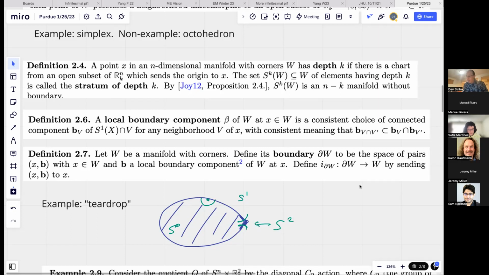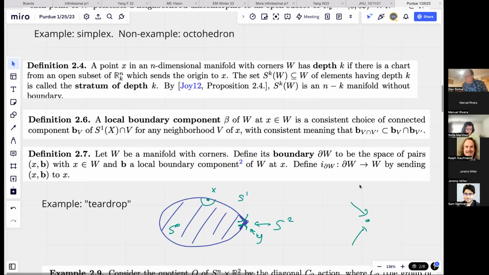And then what you have to say is a local boundary component is a choice of a component of S1 intersect X for any neighborhood. So you're thinking arbitrarily small. Obviously, if I'm at this point X, a neighborhood of it is going to hit S1 in just one connected component. Whereas at this point, I'm going to call this Y, any neighborhood of Y will have two components of S1 nearby.